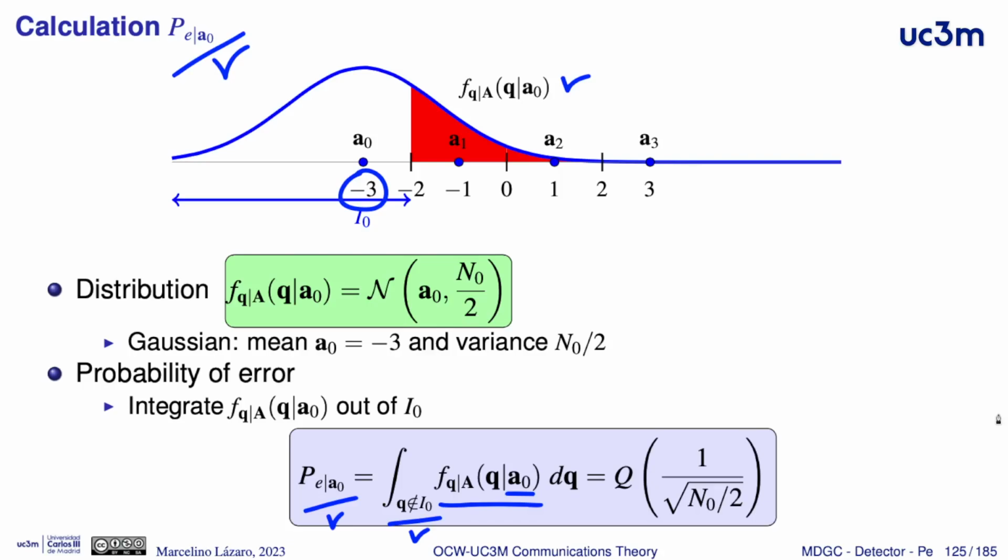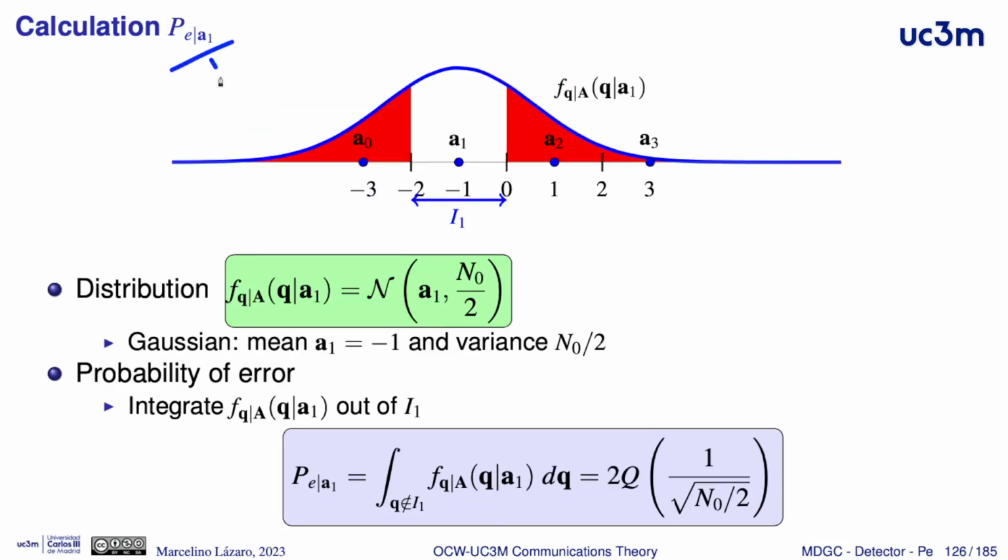This means that we need to integrate this Gaussian in the red area that we have here, out of the decision region of A0. Obviously, the probability of error, in this case the conditional probability given A0, is Q of the numerator 1, because the integral is at distance 1 of the mean of the Gaussian. The distance between the mean and the threshold is 1, and in the denominator we have a square root of N0 halves.